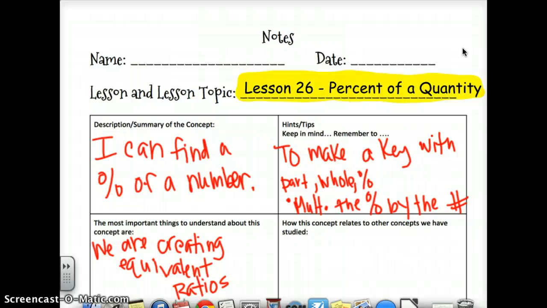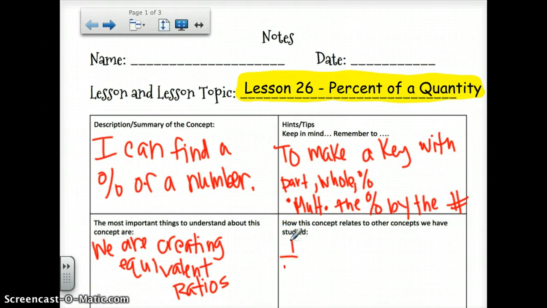Okay, how this concept relates to other concepts we've studied. Have you seen a question like this before? Yes or no? Yes, right? And yesterday you told me that to make a percent is the same as making it the same value as a decimal and a fraction. Remember this? Nod your head if you remember that.